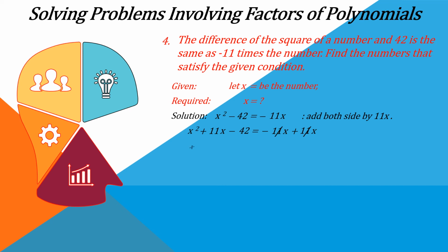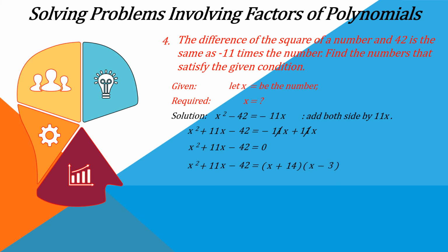We have x squared plus 11x minus 42 is equal to 0. Solve or factor the equation in order to solve for the value of x. x squared plus 11x minus 42 is simply x plus 14 multiplied by x minus 3.